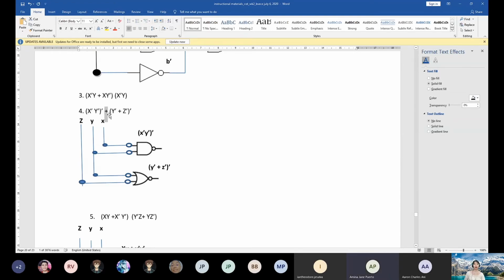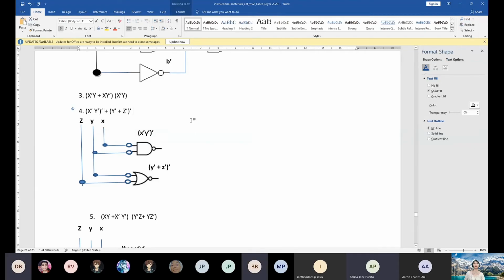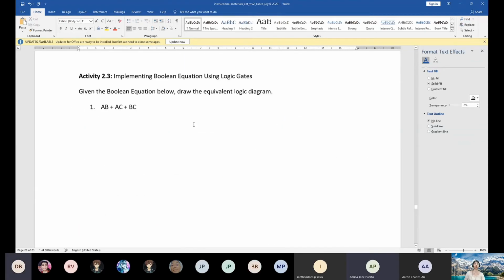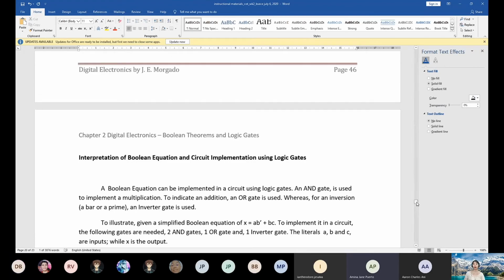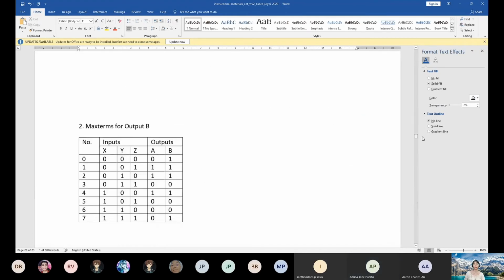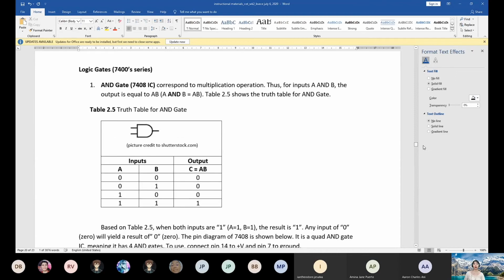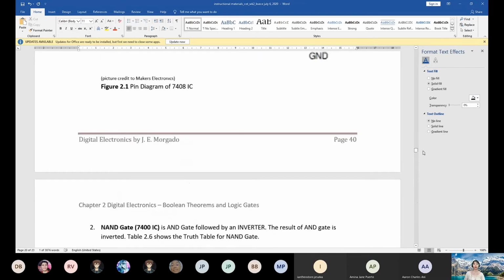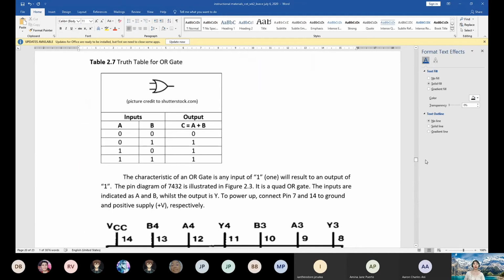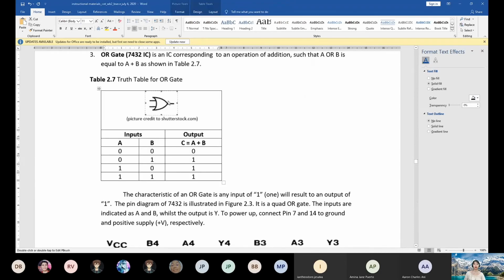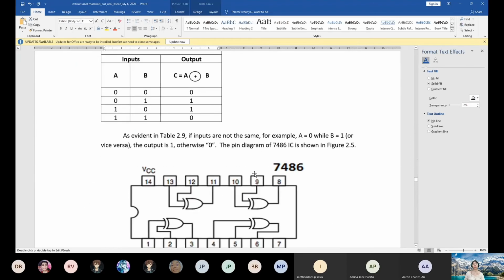What is plus? OR gate. So we'll use an OR gate. Let's use an OR gate.